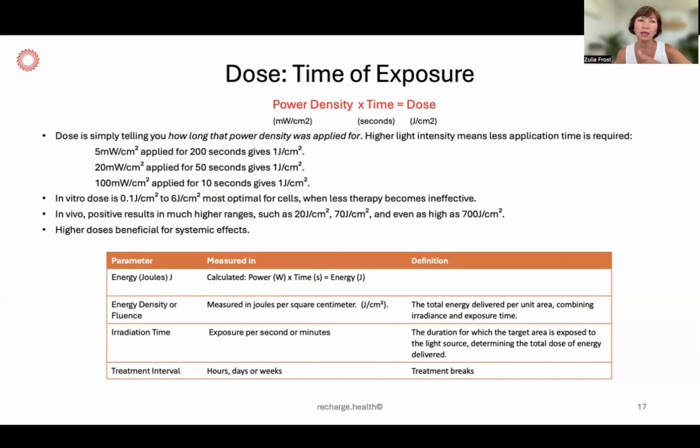You use it for days and then have a short break, because using it continuously would be a problem, which we're going to talk about. There are also treatment breaks: how often and when? Different light sources and different manufacturers have different ideas of the treatment break.